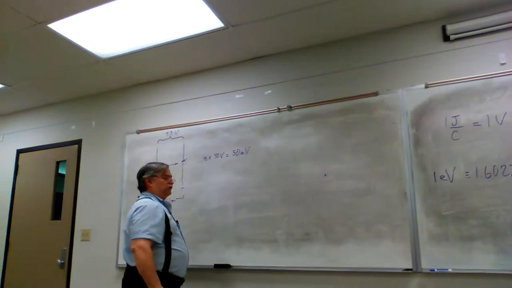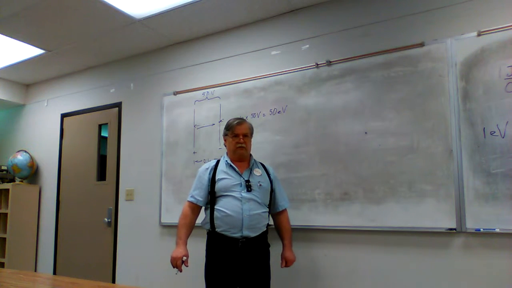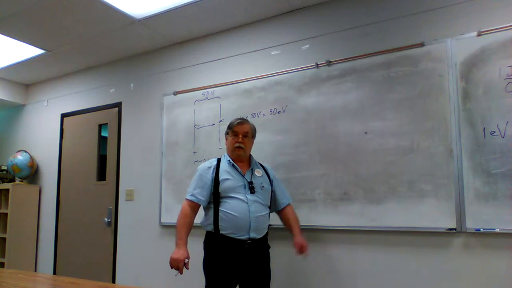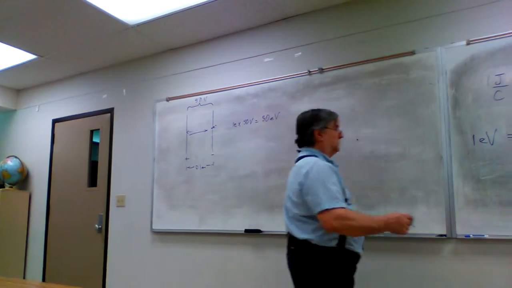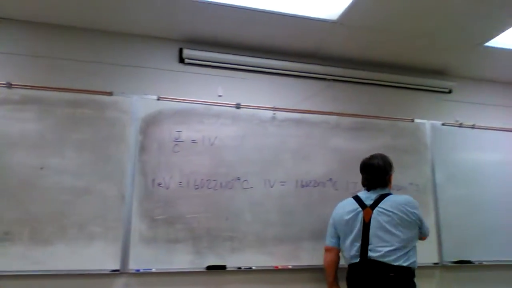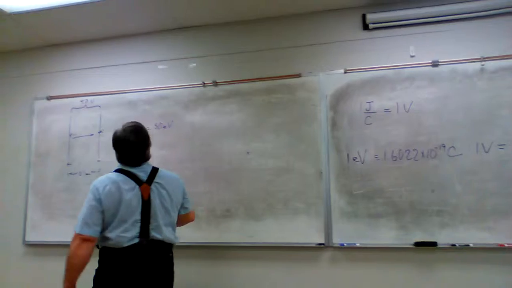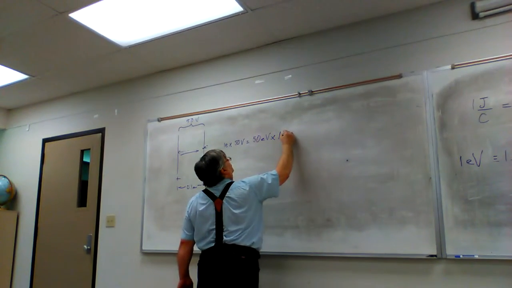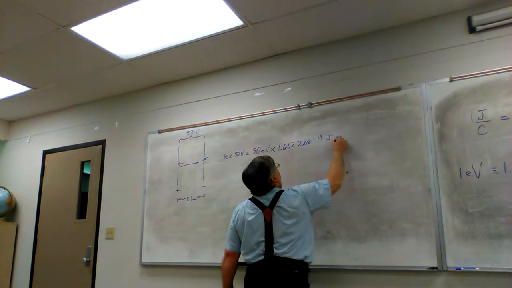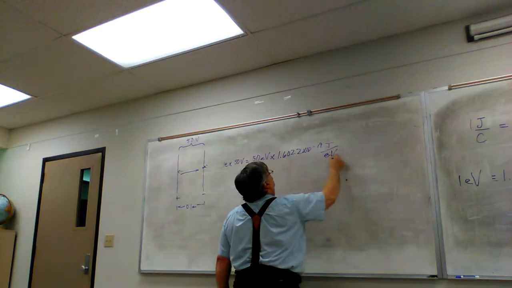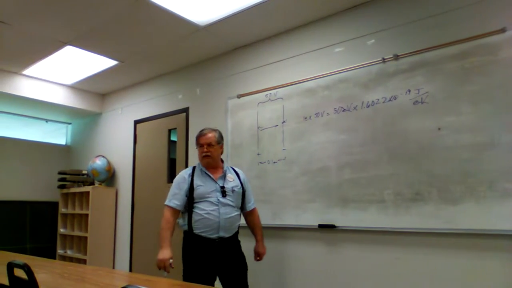Now, the problem is electron volts are not in MKS, meters, kilograms, and seconds. But we can convert 50 eV into MKS by noting that 1 eV is equal to 1.6022 times 10 to the minus 19 joules. What's 50 times 1.6022 times 10 to the minus 19?